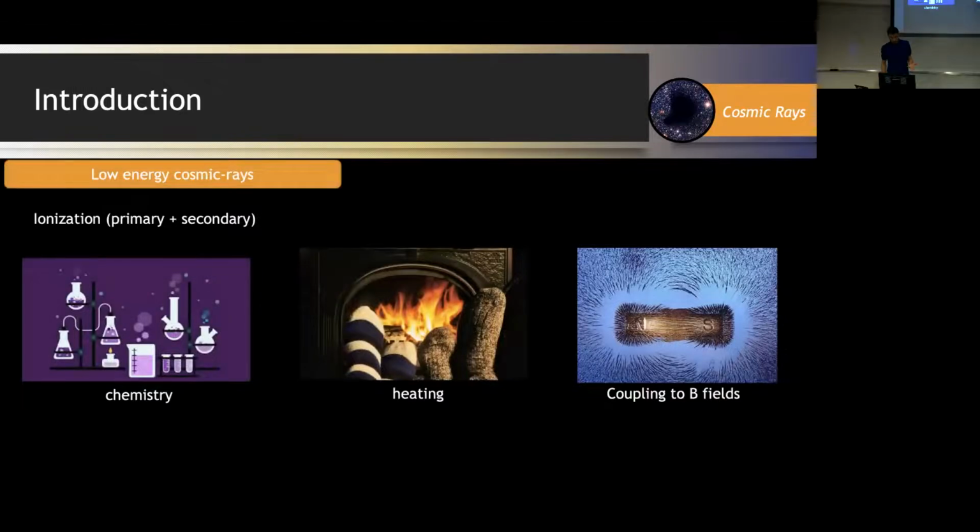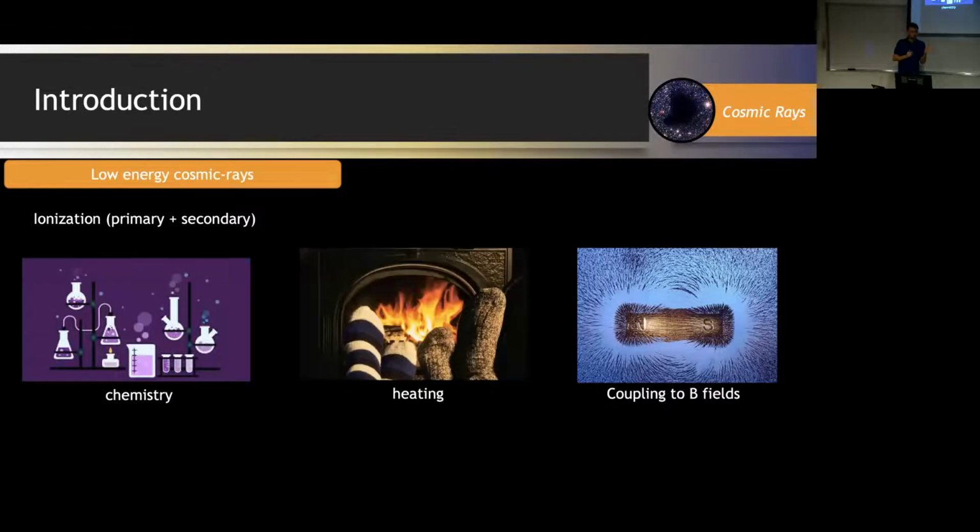So what they do is they produce ionization. They ionize the gas, producing many secondary electrons, typically of energy 30, 40 electron volts or so. These secondary electrons drive the chemistry. They heat the gas and determine its temperature. They couple the clouds to the large-scale magnetic fields of the galaxy.